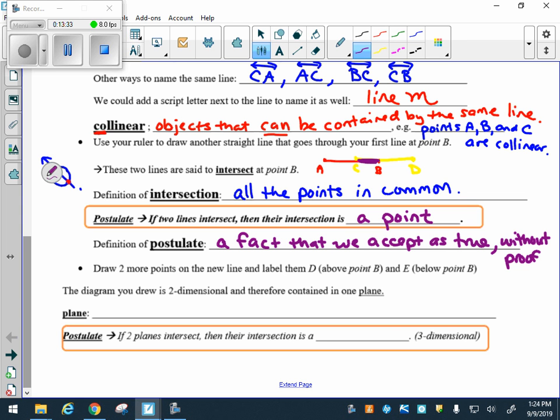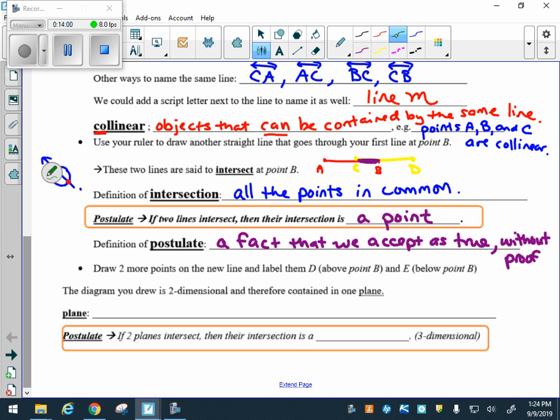Okay, you guys all have heard about in geometry we write proofs, right? And we haven't learned those yet, but there are going to be a lot of things that we can write step by step and show exactly why this is true. And then there are things that we just accept as true without a proof. And that's what a postulate is. So two lines intersect, their intersection is a point. We're just going to accept that.